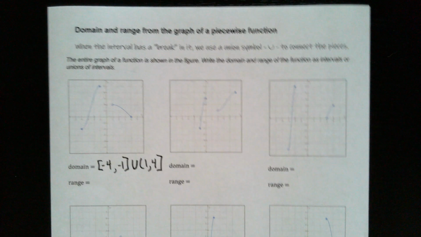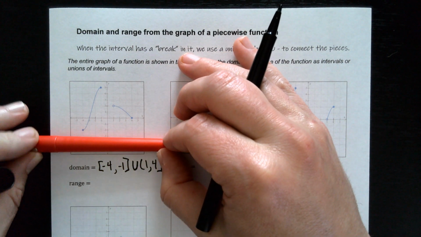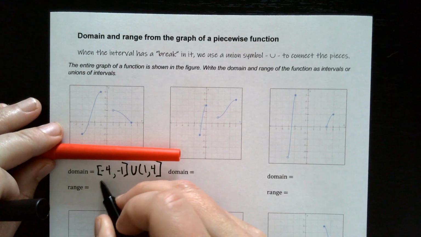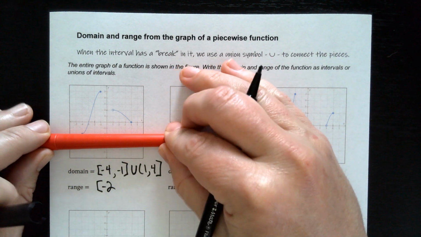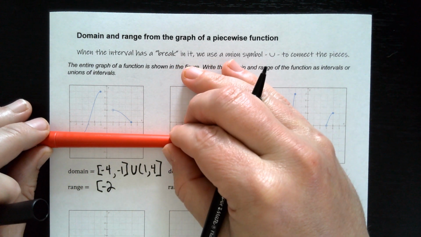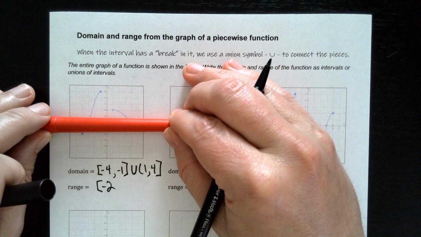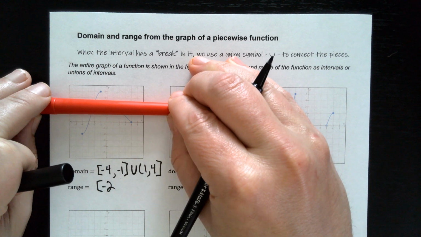Okay, now let's look at the range. So we look at the smallest, or the lowest part of the graph. That is -2, and that is included because it's a solid dot. And let's keep moving up until we have where the pen is not touching any graph at all. So it's touching one graph, now it's touching two graphs. Now it's only touching one graph, but it's still touching something.